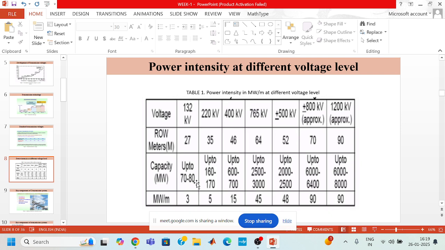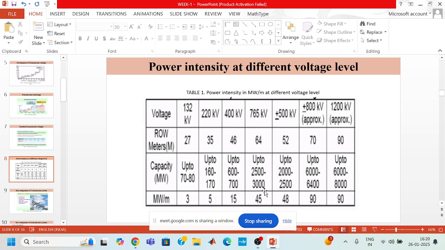Okay, so if you look, the voltage level is continuously increasing, and the right of way is also increasing. For the voltage level 760 kilovolt, the right of way is 64 meters, and the capacity used for transferring the power is between 2500 to 3000 megawatt.